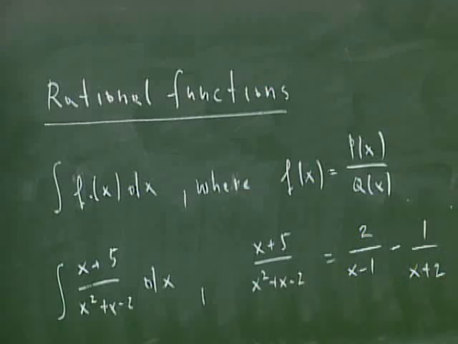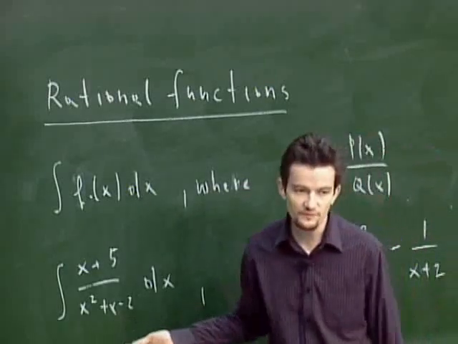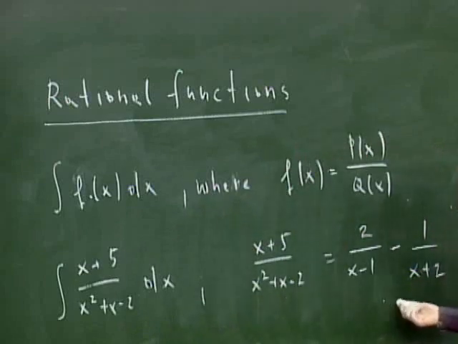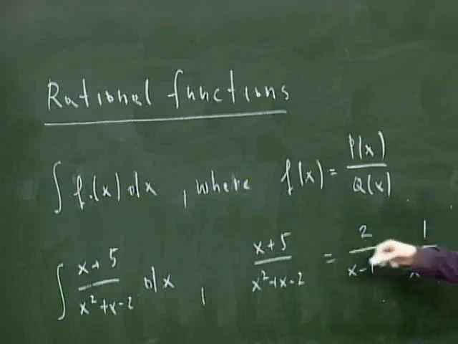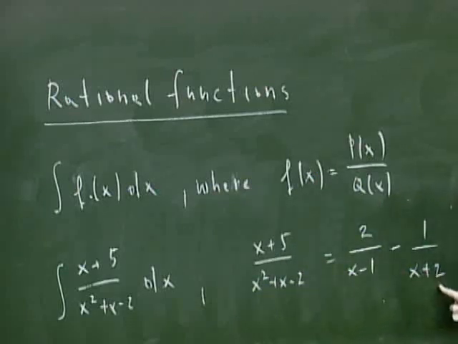You can write the integrand like this. You see that once you know this, computing the integral is getting much easier, because the integral over this becomes the integral over this minus the integral over this one. Those two here give the ln of the absolute value of x plus 2, and 2 times ln of the absolute value of x minus 1, plus a constant.